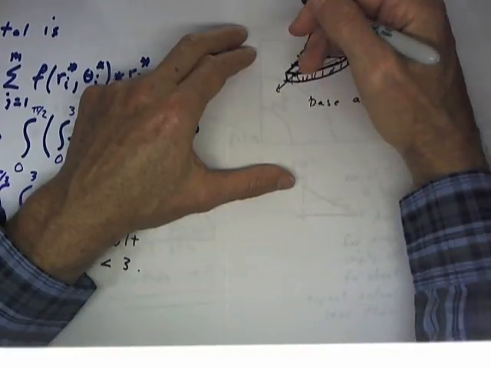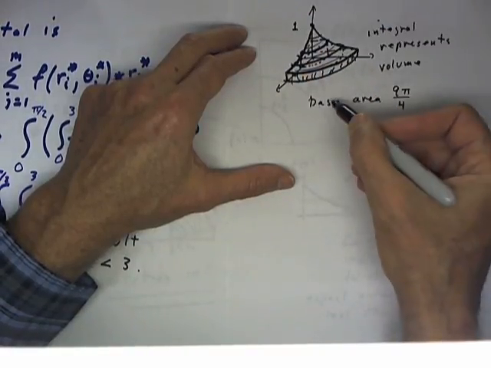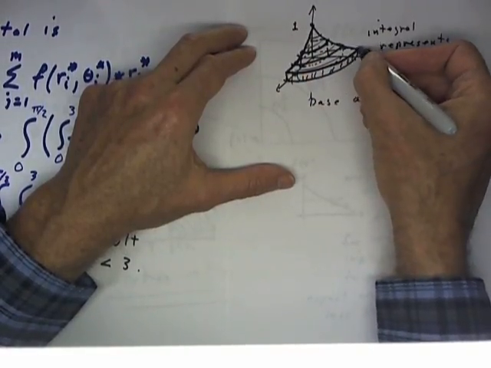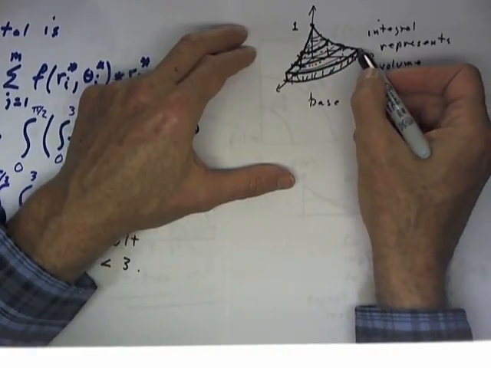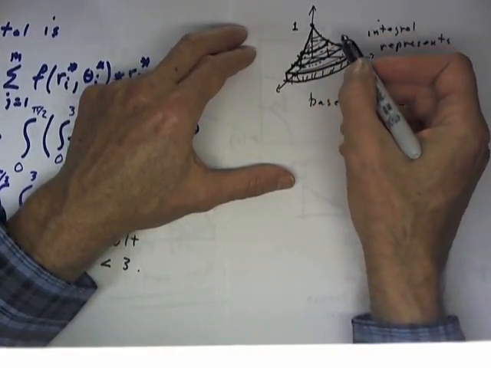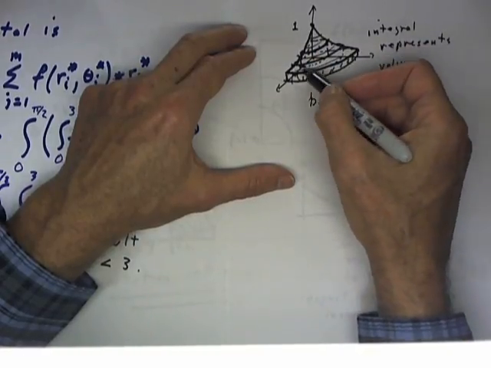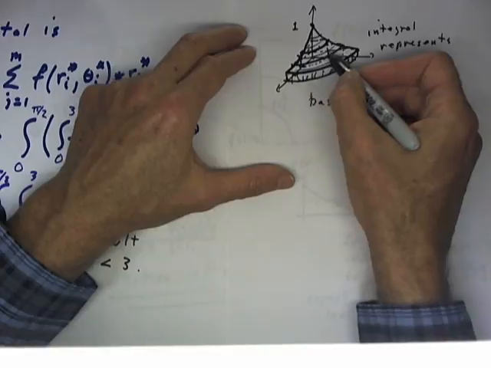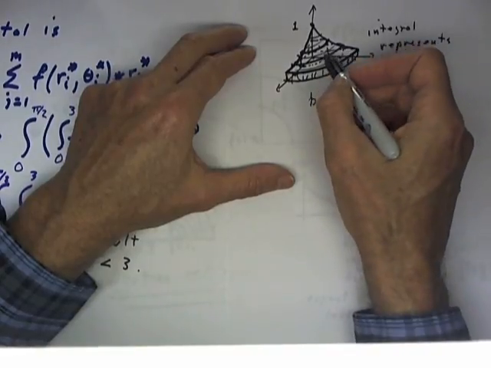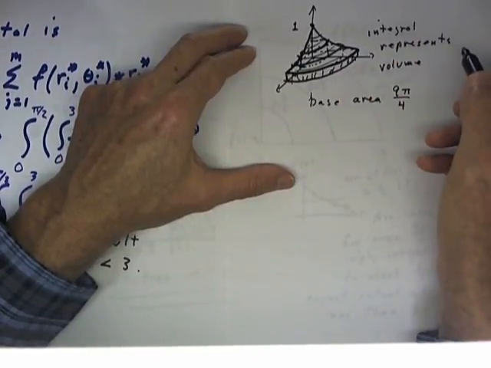On the average, how high is this surface above its base? Certainly between 1/4 and 1, probably closer to 1/4 than to 1. And in fact, because of this picture, I would say the average altitude of this thing is probably around 1/3.